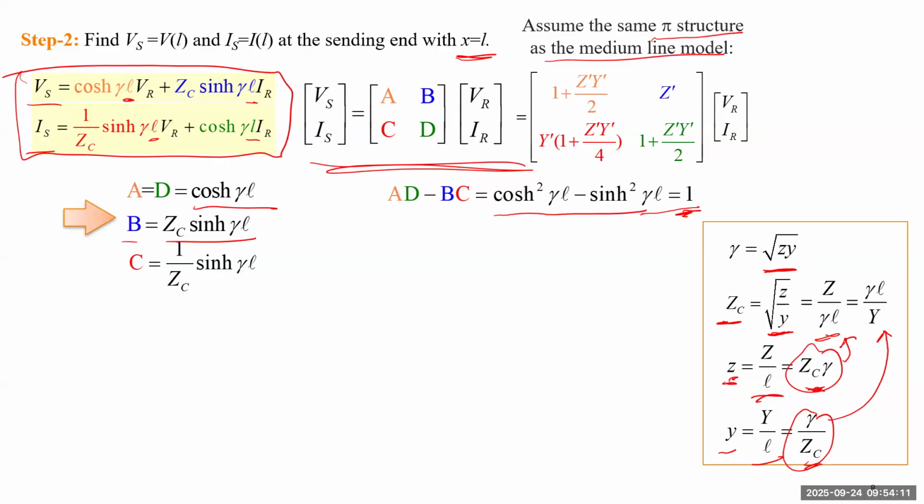Because for the medium line, we know the ABCD: A will be equal to 1 plus Z times Y divided by 2, B will be the Z prime, D will be equal to A, and C will be equal to this item.